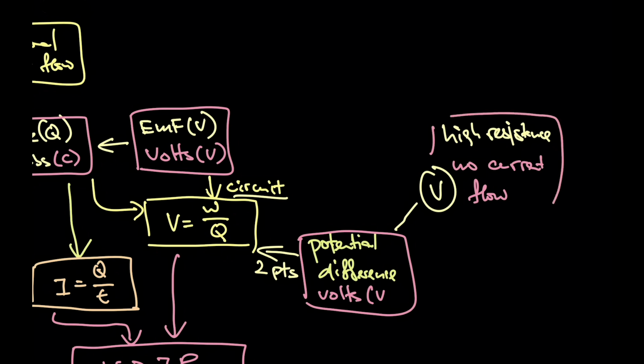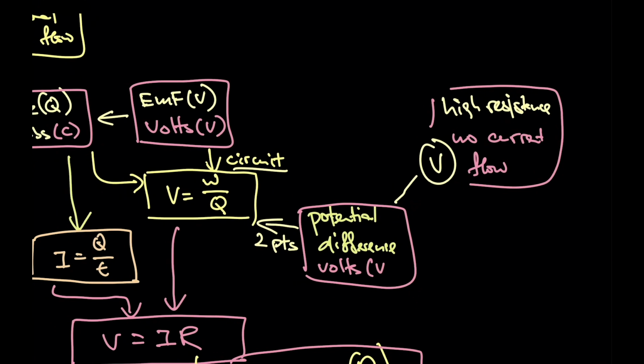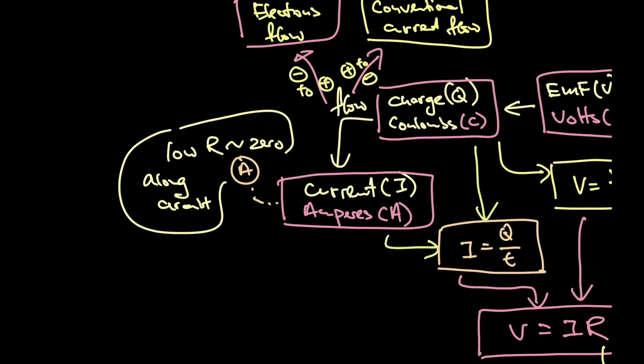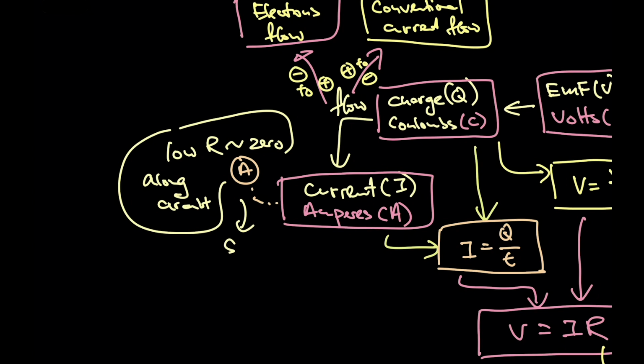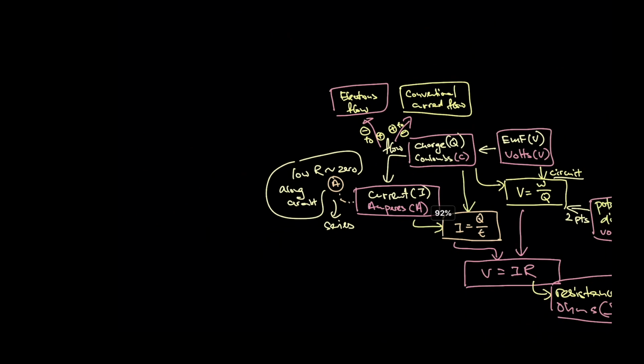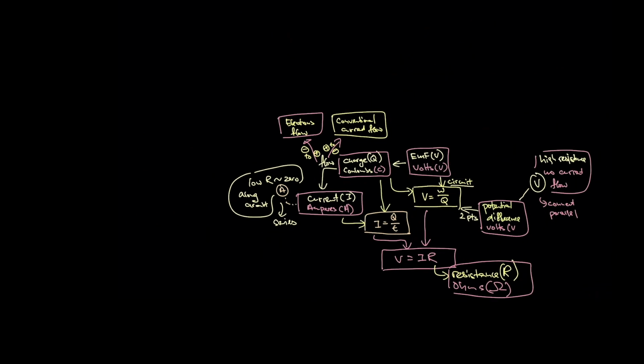So for a voltmeter, you always connect it in parallel, whereas the ammeter you connect in series. So you have these two words, parallel and series.